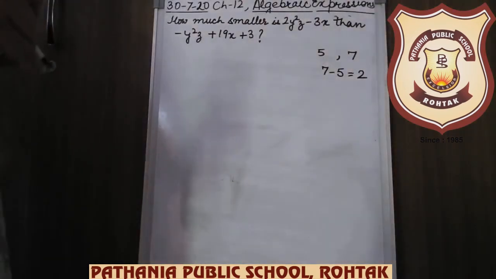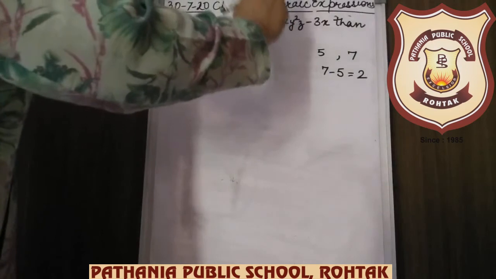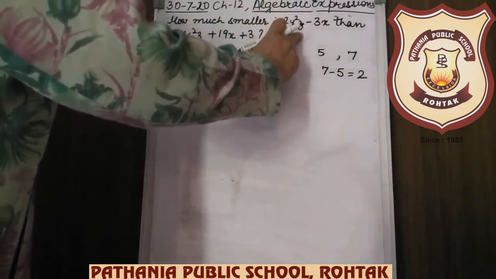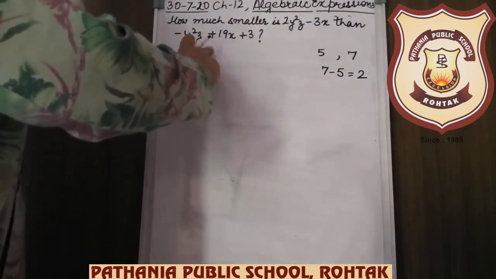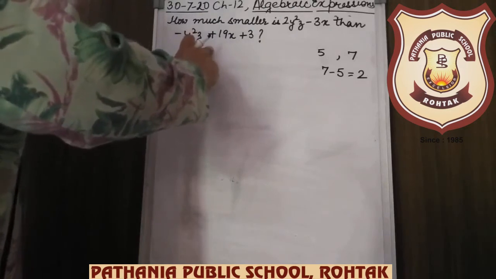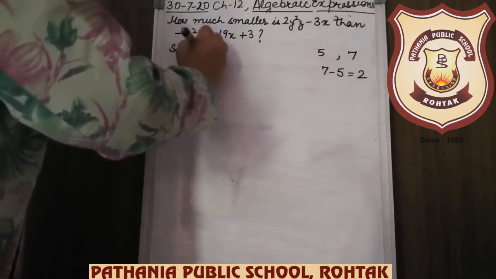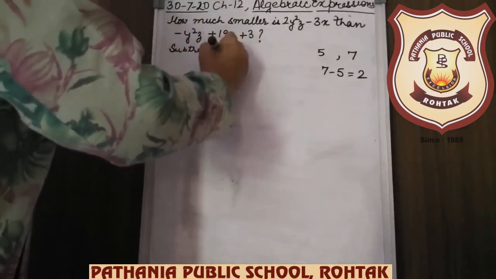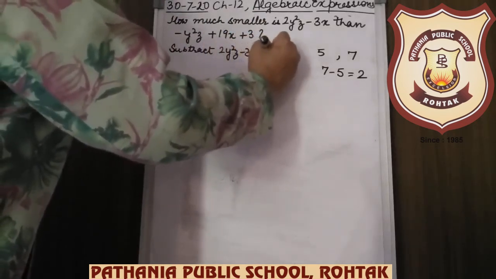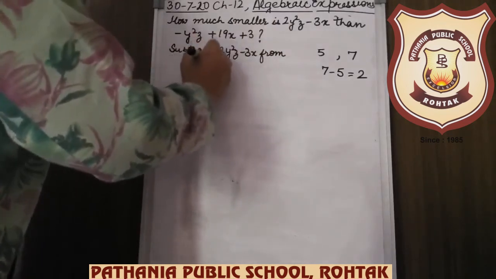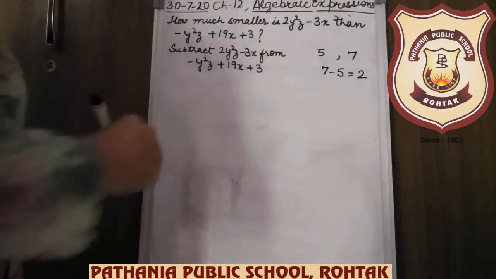Now easily you can put in the values. So it means you are going to subtract 2y square z minus 3x from minus y square z plus 19x plus 3.